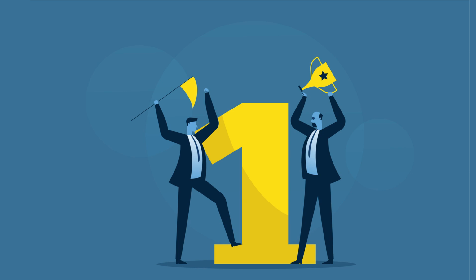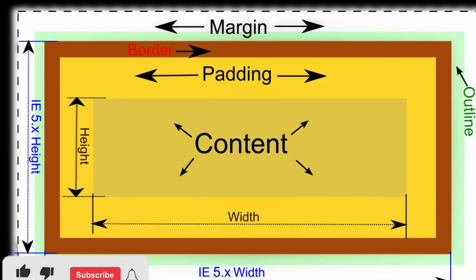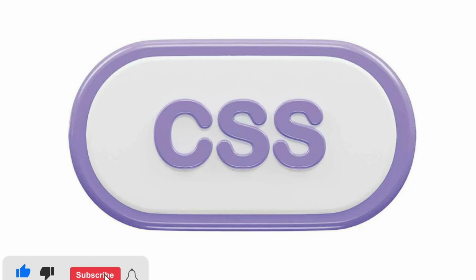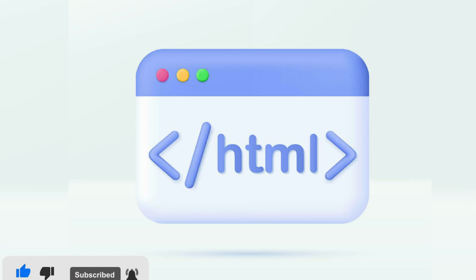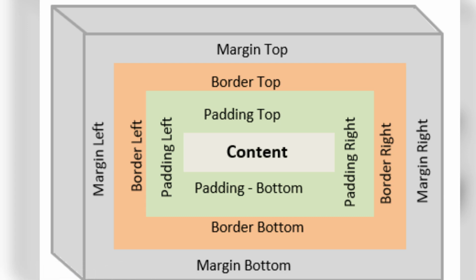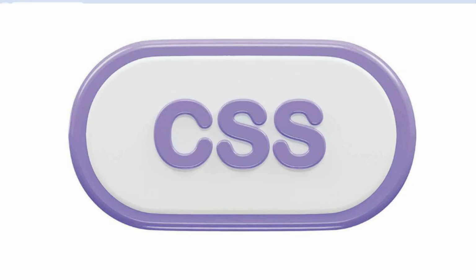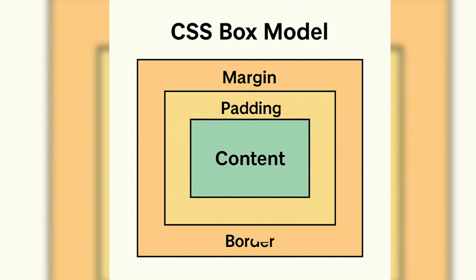First things first, let us see what the CSS box model actually is. In CSS, every HTML element is treated like a box. This is known as the CSS box model.